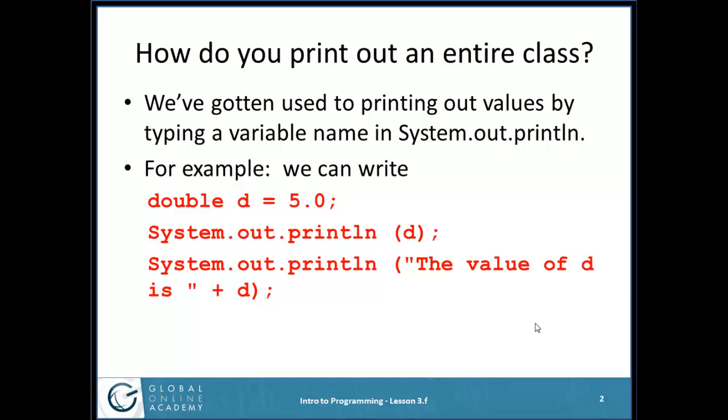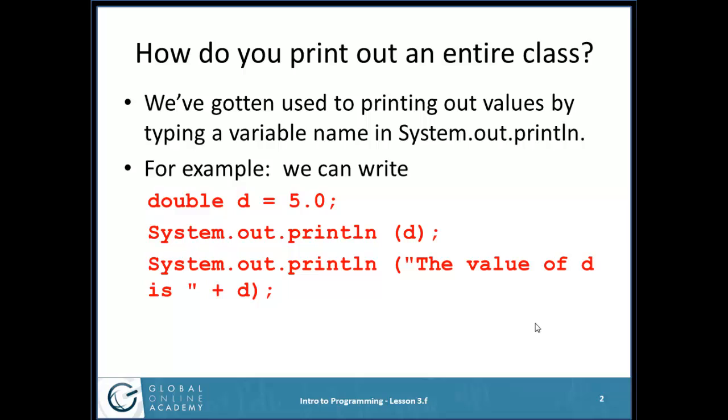Now, how do you print out an entire class? We've gotten used to printing out values by, say, typing a variable name into System.out.println. For example, we can write double d equals 5.0, meaning we've got a variable of type double with a value of 5. And then when we do System.out.println(d), we get 5.0 printed out.